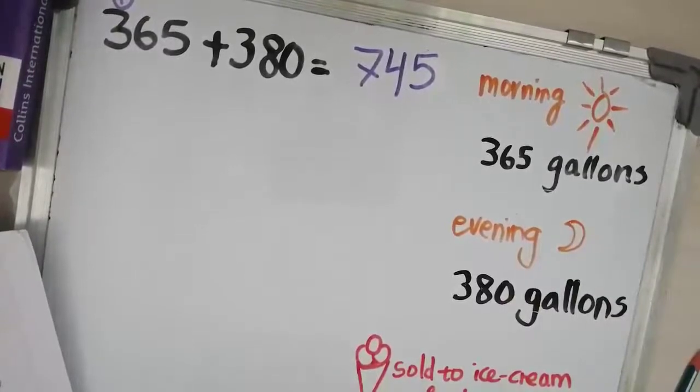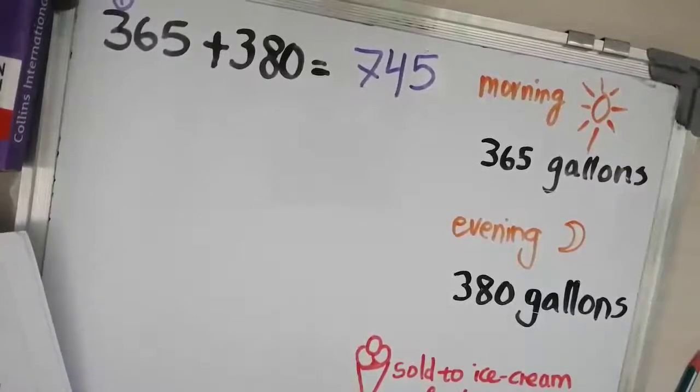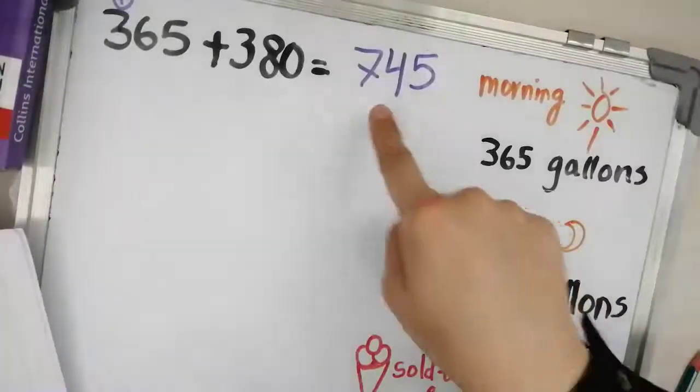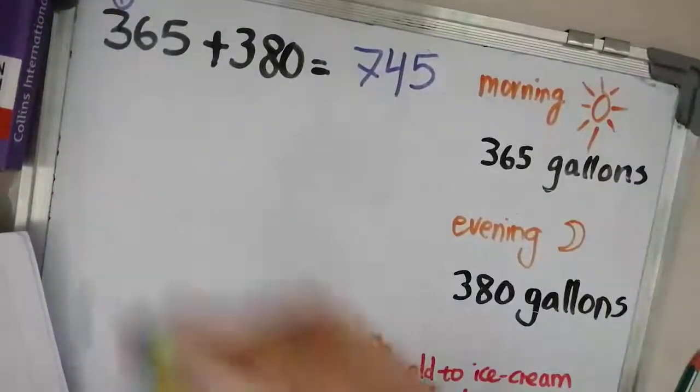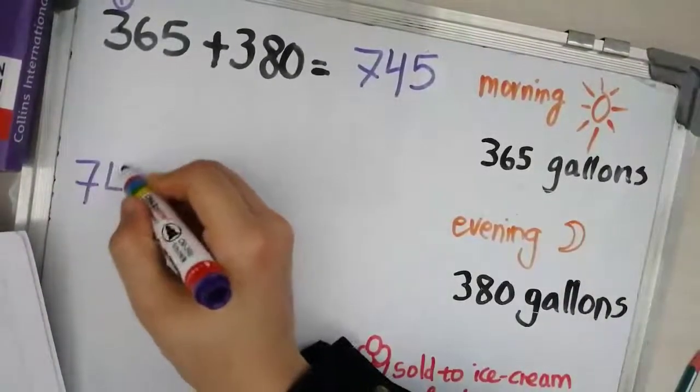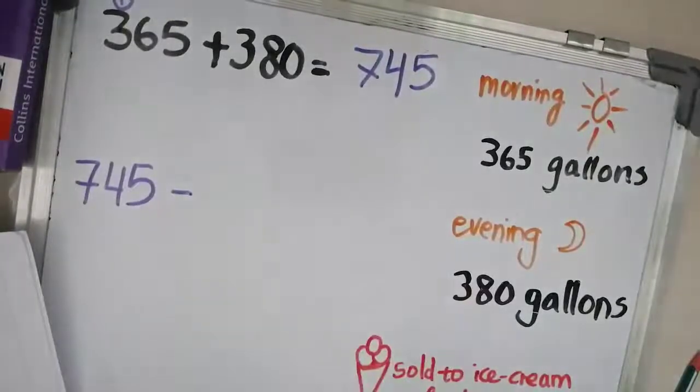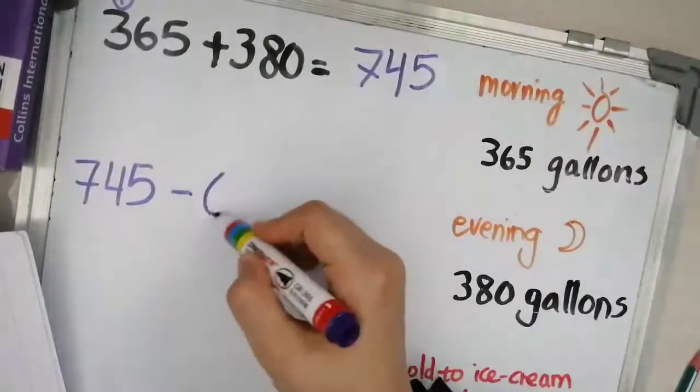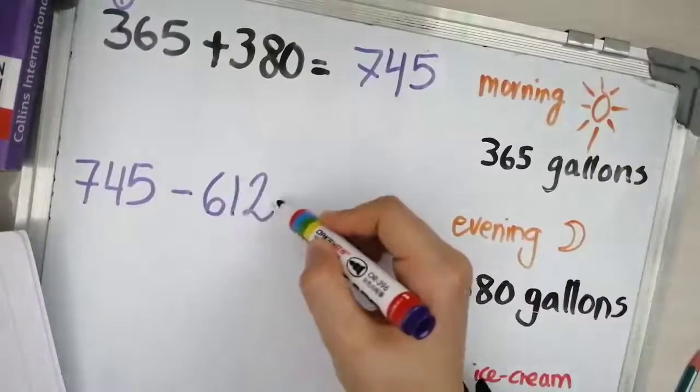So she milked 745 gallons that day. Then she sold to the ice cream factory 612 gallons. Oh, that's obvious. So I need to take away the 612 gallons that were sold out of 745. So 745 minus 612. Okay?